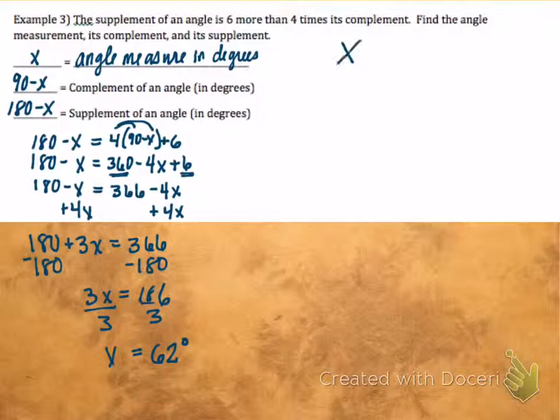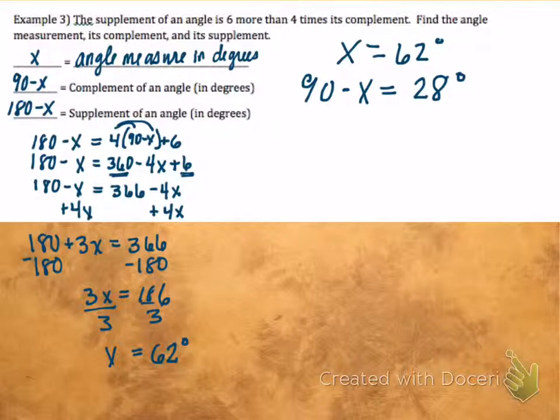So our x is equal to 62 degrees. Our complement is 90 minus x. And so that would be 28 degrees. Our supplement is 180 minus x, or 180 minus 62, which is 118 degrees.